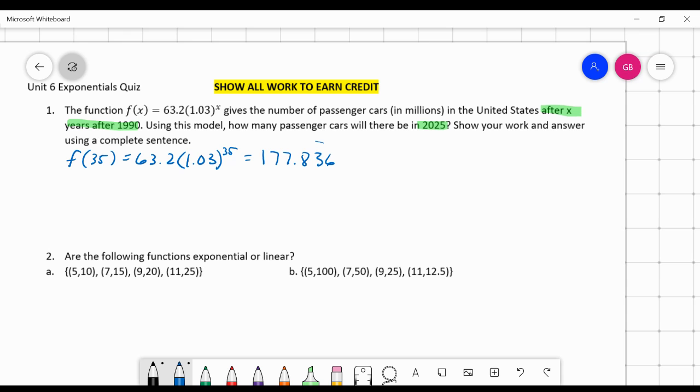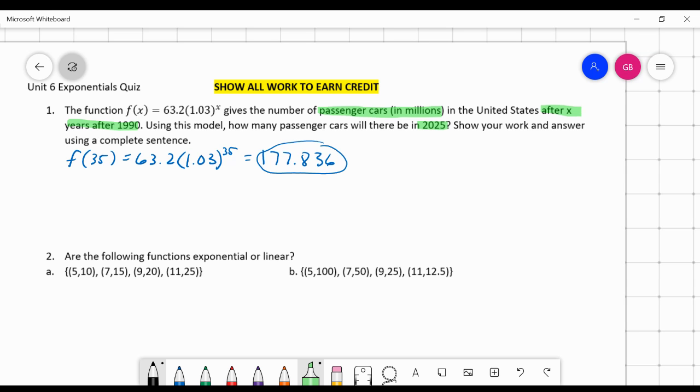So this answer here tells me the number of passenger cars in 2025. Very important though that passenger cars is measured in millions. Okay, so it's not just 177 cars. It's 177 million cars.